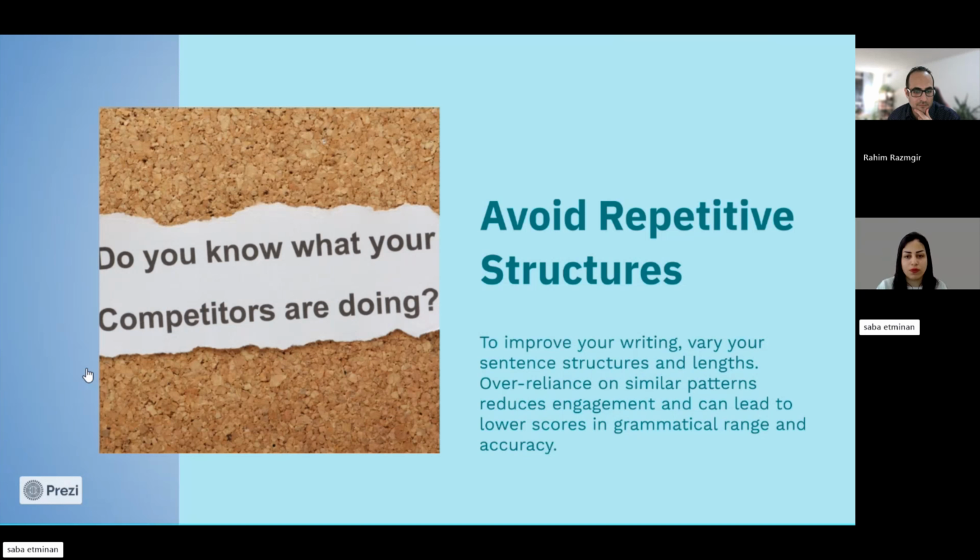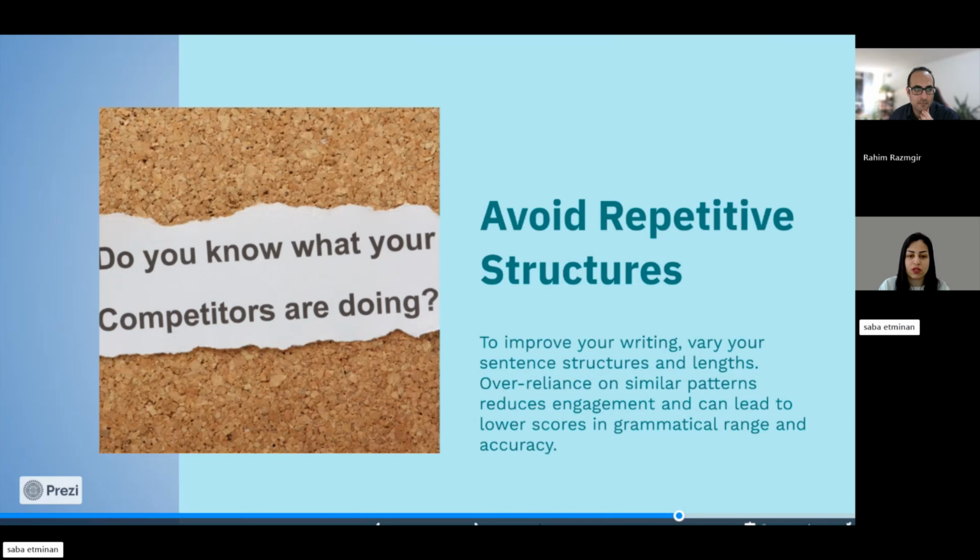We like sophistication, but avoid repetitive structures. To improve our essay, we can vary our sentence structures and length. Over-reliance on similar patterns reduces engagement and can lead to lower scores in grammatical range and accuracy. Of course, over-repetition is not something good.